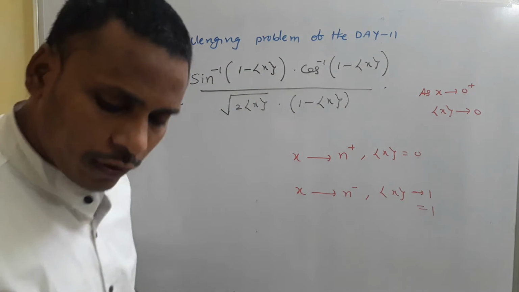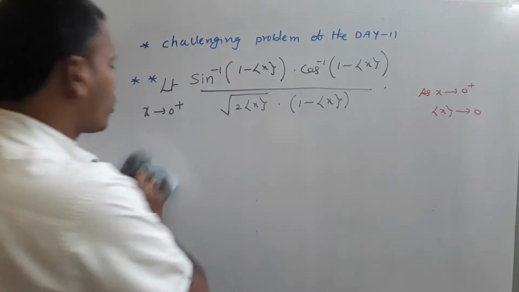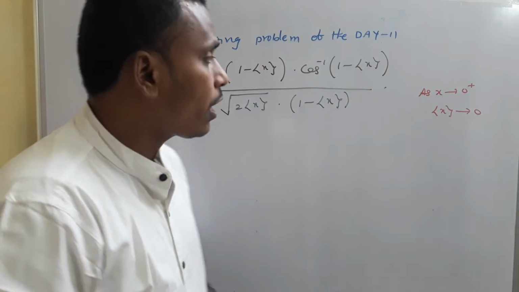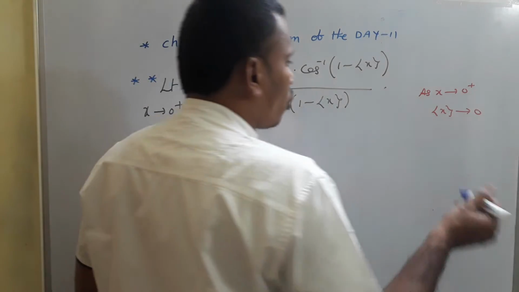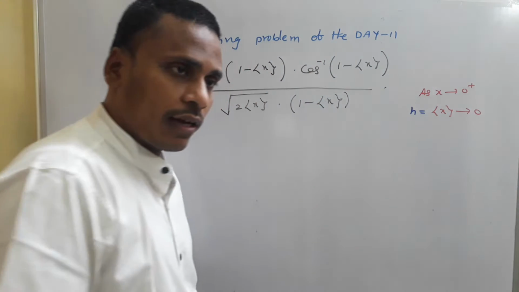This is something about the fractional part, and here for this problem we need to solve as x is tending to 0 plus. As x is tending to 0 plus, fractional part of x is tending to 0, so you just take this fractional part of x as h for our convenience.